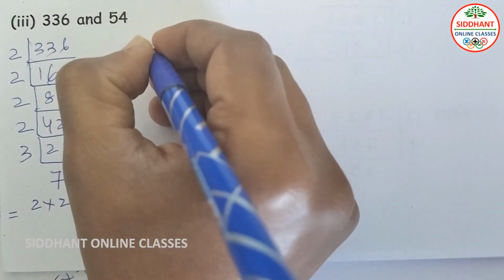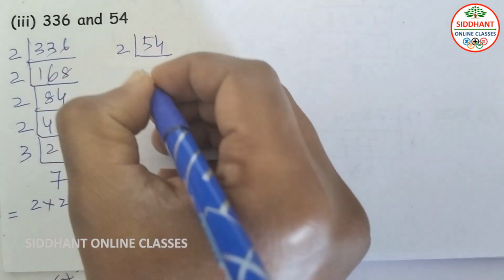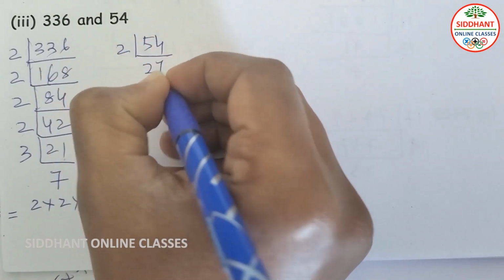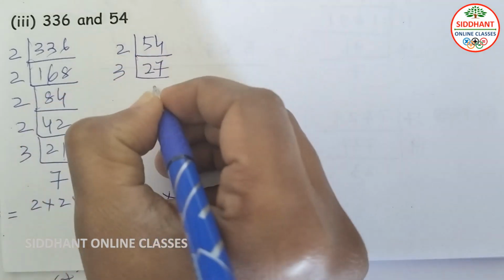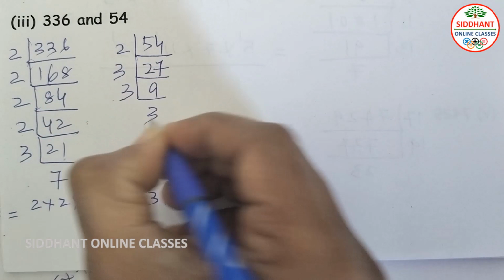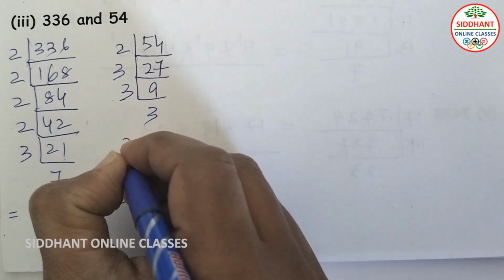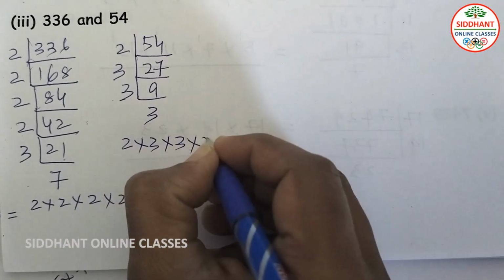And for the next number, 54, when you divide by 2, it is 27. Then 3 gives 9, then 3, then 3. So we get 2 into 3 into 3 into 3.